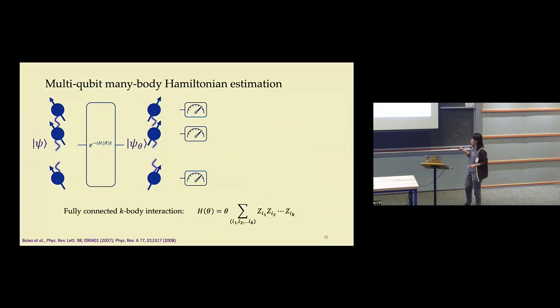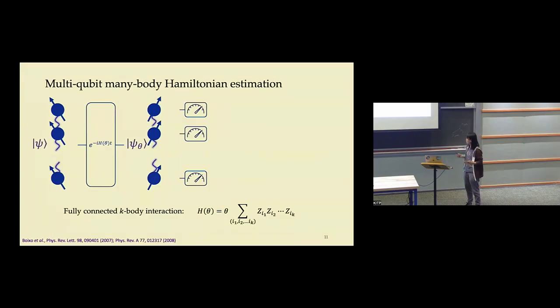Okay, so perhaps even more interesting is what happens if you have not only one local Hamiltonian, but some kind of interaction in your system, and the dynamics itself can generate entanglement in your system. A standard model people usually consider is this fully connected k-body interaction. Here I'm just considering this Pauli-Z interaction for simplicity.